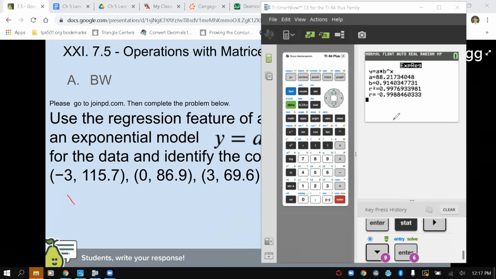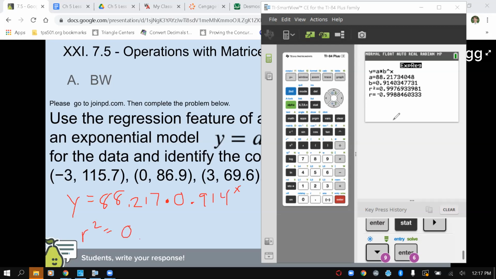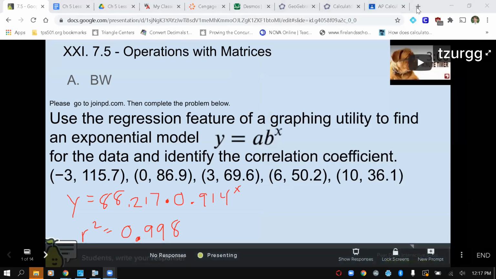So we get y equals 88.217 times 0.914 to the x with an r squared of about 0.998. It's actually almost a perfect r squared score. So I would think that this data set is almost certainly exponential. Questions on this?